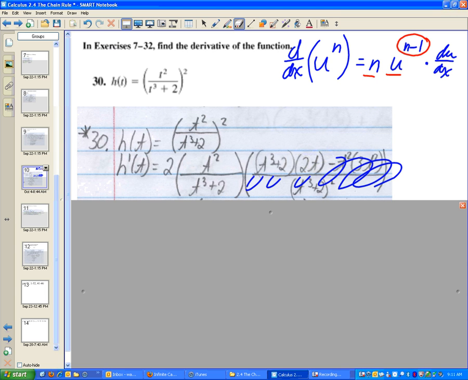Derivative of t squared is 2t, minus the top, so minus t squared, times the derivative of the bottom. The derivative of t cubed is 3t squared. The derivative of 2 is nothing, so it's just 3t squared over the bottom, t cubed plus 2 squared. And now we've done that.